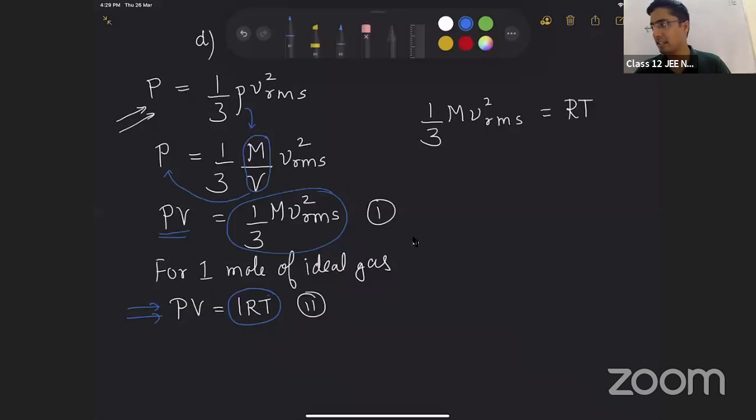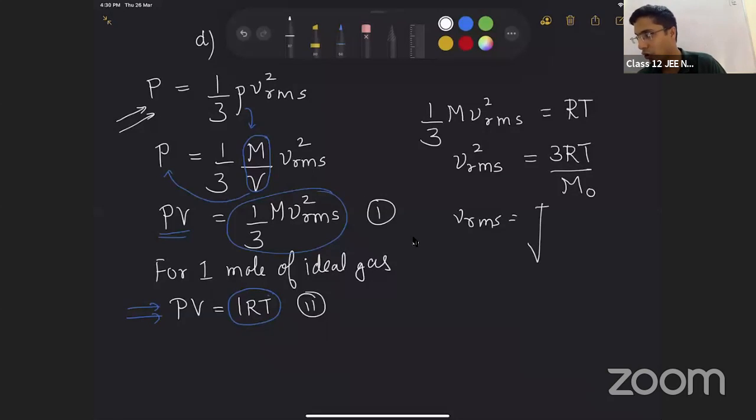So if I rearrange this a bit, I can say Vrms square is 3RT by M. Now for 1 mole of a gas, M is nothing but M naught. So Vrms is root of 3RT by M naught.